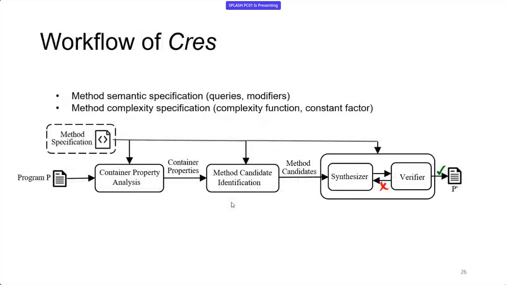The workflow of our approach is shown in this figure. Initially, it takes the semantic specification and complexity specification as input, and these two kinds of specifications should be specified manually. I will demonstrate these three stages one by one.